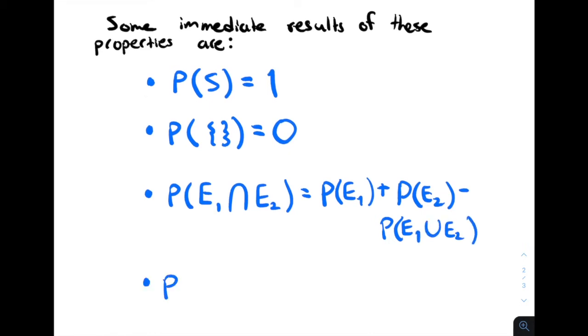And that the probability of the complement of some event is 1 minus the probability of that event.